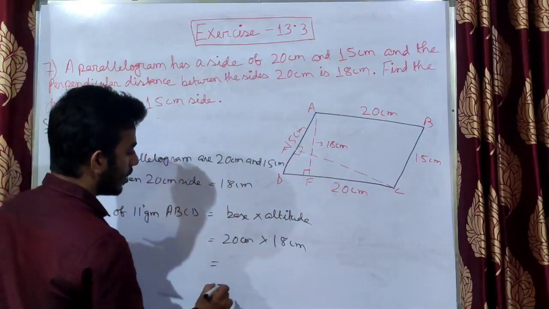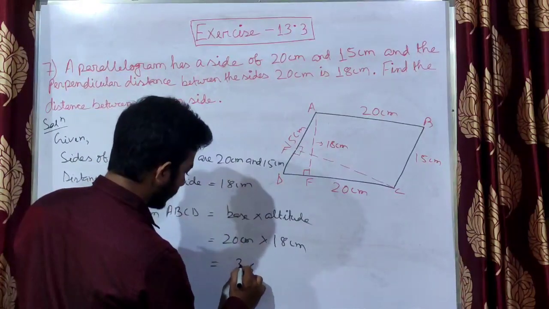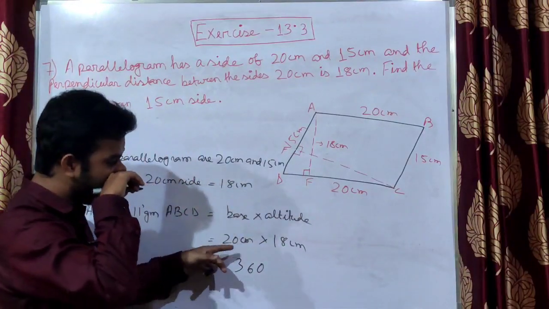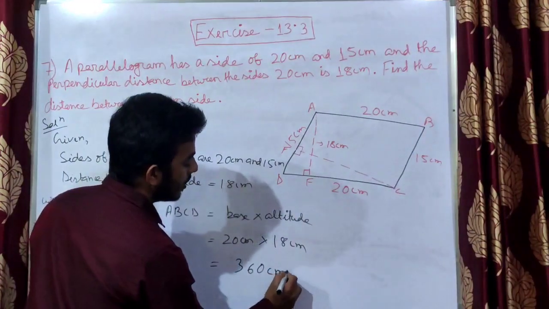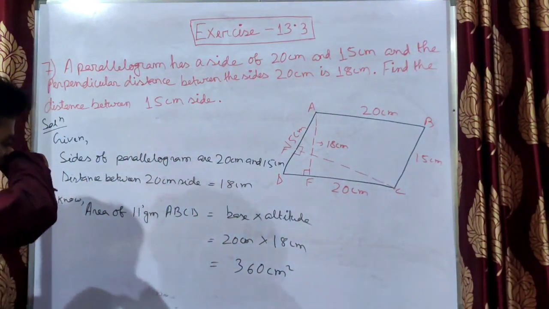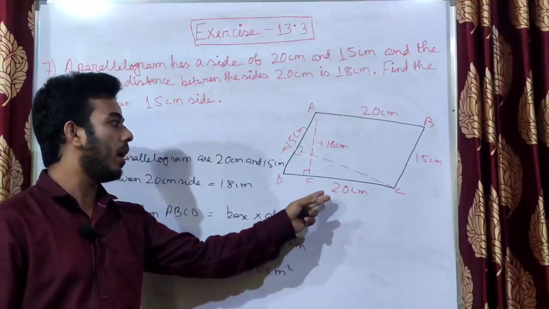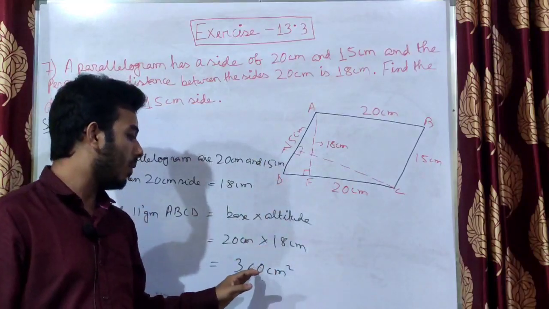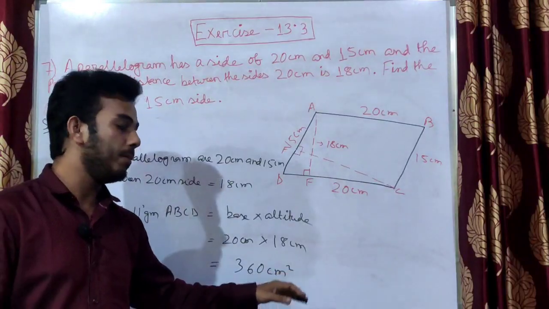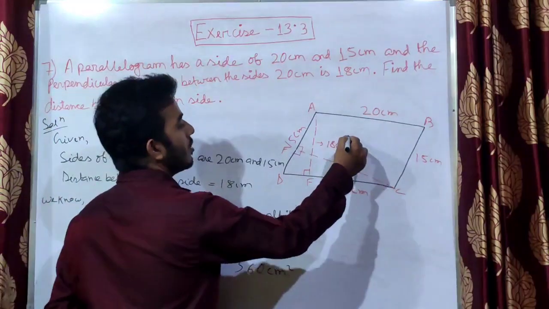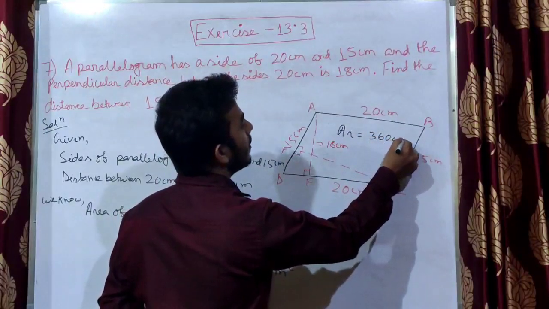So the area will be 360, since 20 into 18 is 360, centimeter into centimeter, centimeter square. So we have found the area of the parallelogram ABCD, considering base DC as 20 centimeter and altitude AF as 18 centimeter. The area is equal to 360 centimeter square.